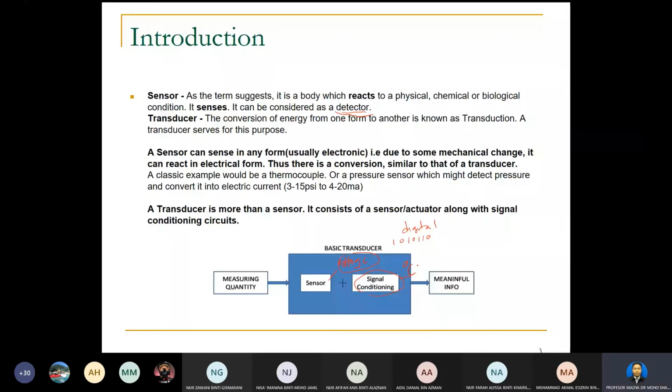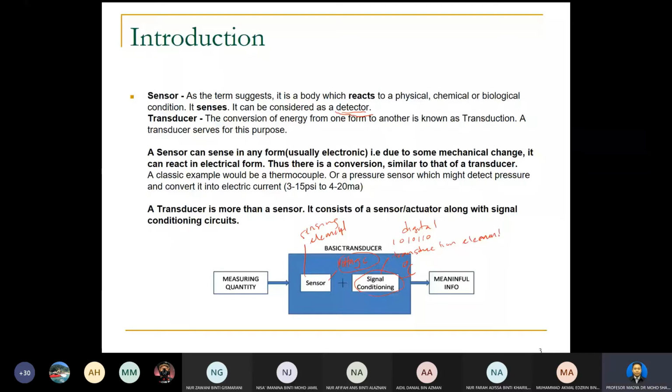Right, so you can see this one. The transducer is more than a sensor. It consists of the sensor, along with the signal conditioning circuit, sometimes we call the transduction element. So that's why the sensor only has the sensing element, and the other part of the transducer is the transduction element.